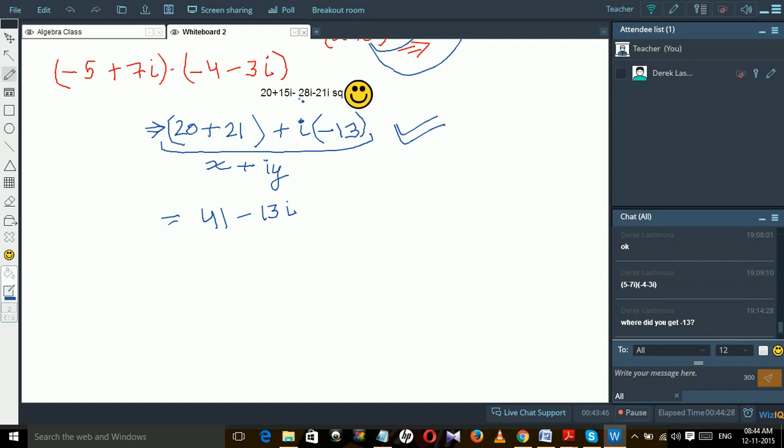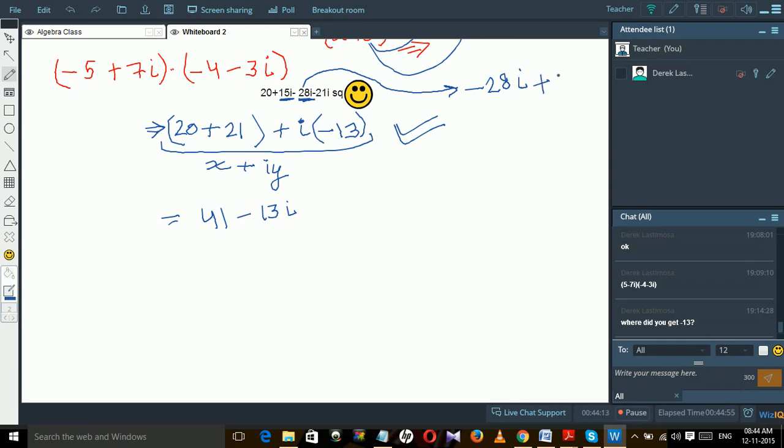Just writing it. Where did I get minus 13? Okay, look here, 28 and 15. Both are with the iota, they have the iota term.